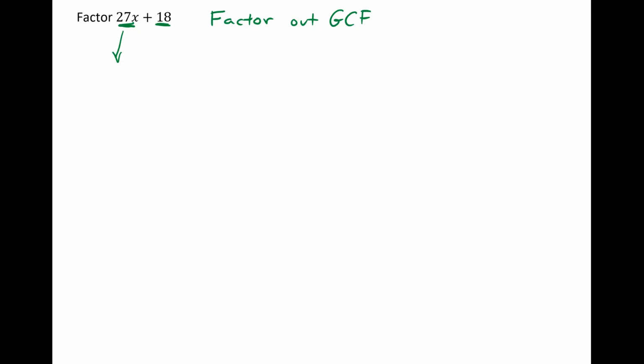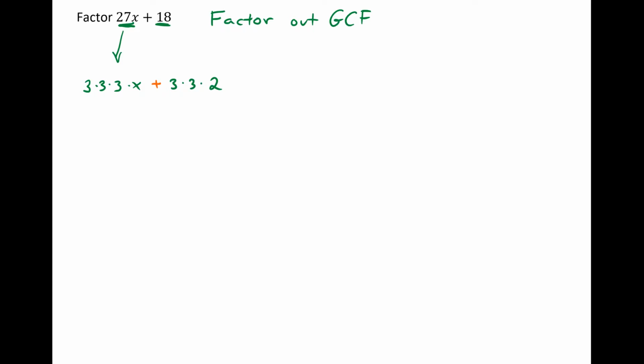So 27x, I'm going to break that down into its factors. 3 times 3 times 3, that's 27, times x. So I pulled that apart as far as I can as far as just the numbers. And again, this is the long way, but I want to show what's happening. So it's that plus 18, which as its prime factorization is 3 times 3 times 2.